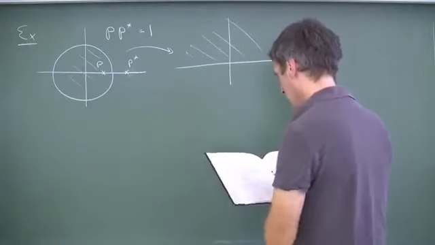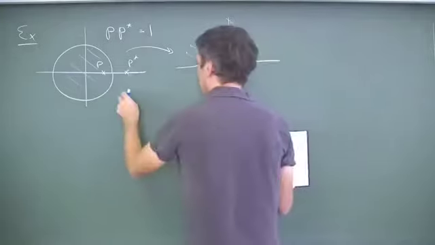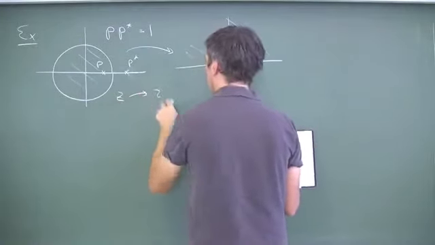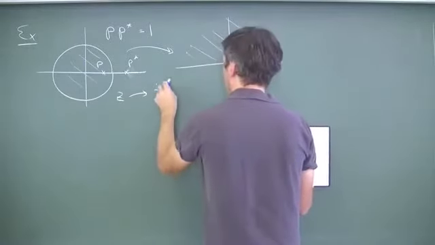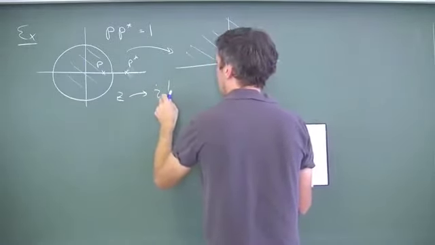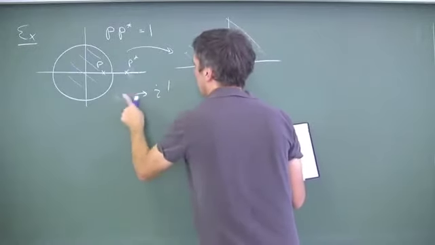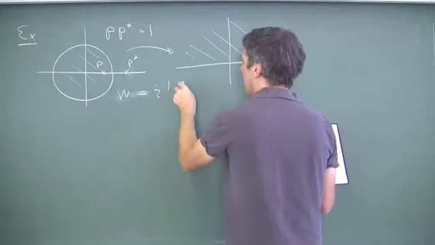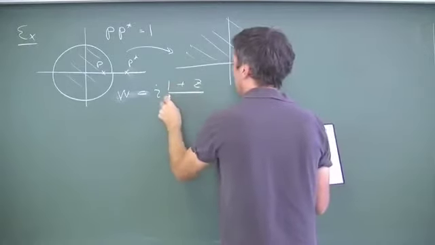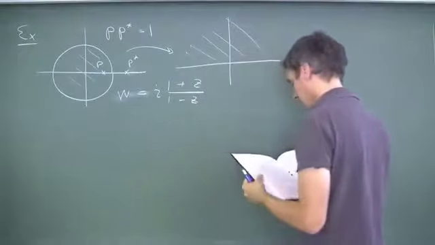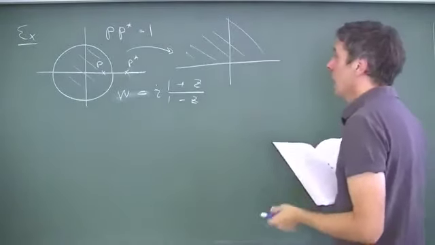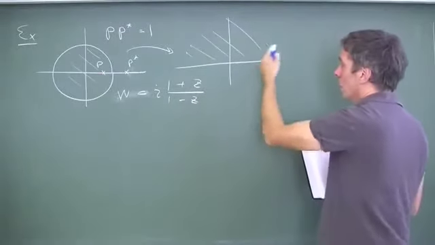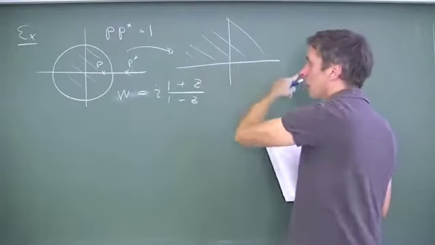And this we can do using the map Z goes to, well, let me write it this way, W is equal to I times (1 plus Z) divided by (1 minus Z), like this. And then these 2 points will be mapped onto 2 points over here, which lie symmetrically about the real axis.